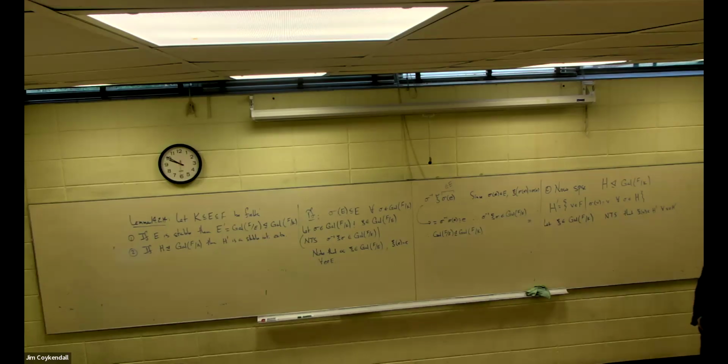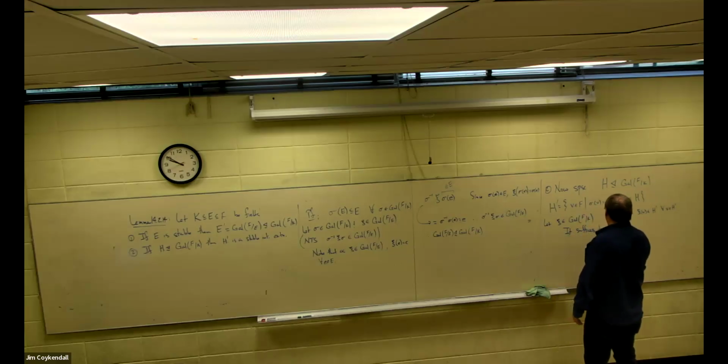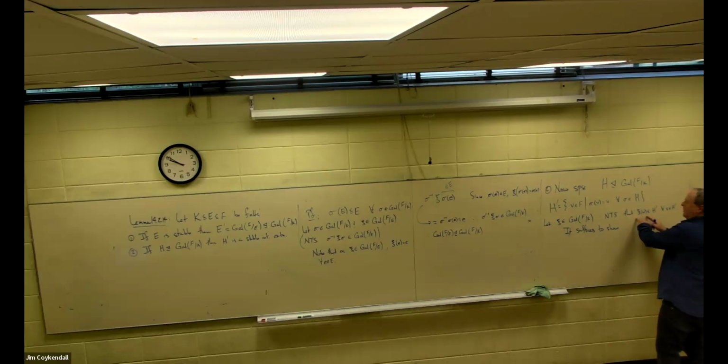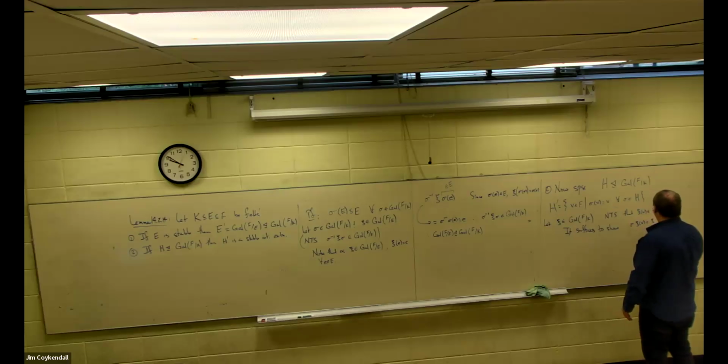I want to show that this guy lives in H prime. And what does it mean to live in H prime? It means that it's left alone by everything here. So it suffices to show that sigma tau v is equal to tau v.